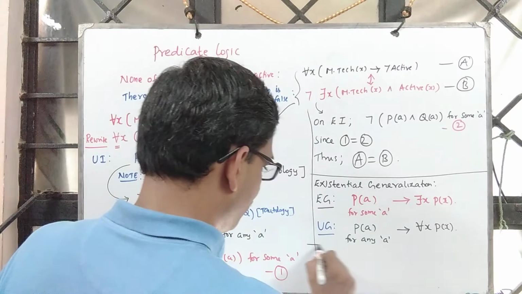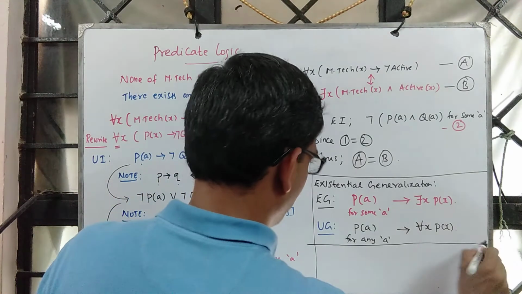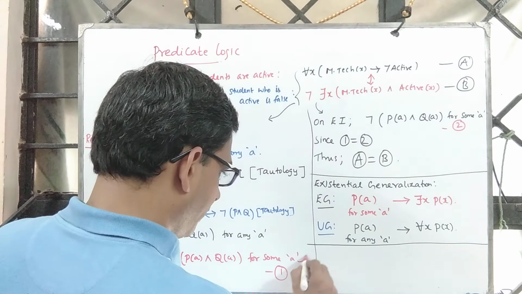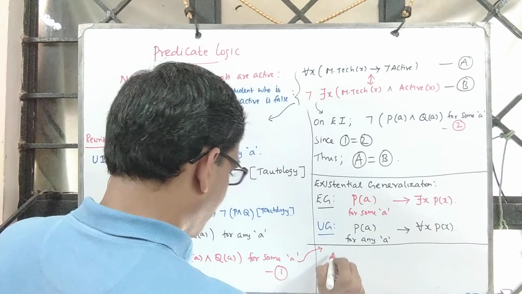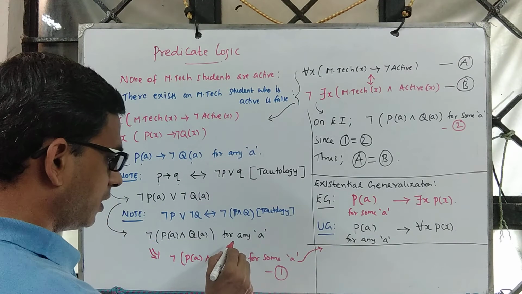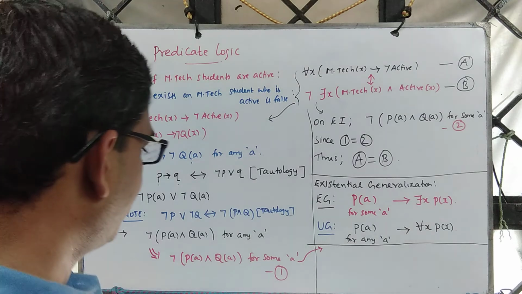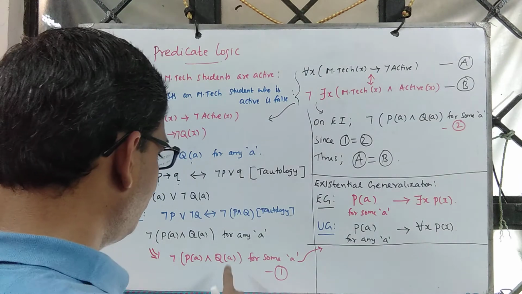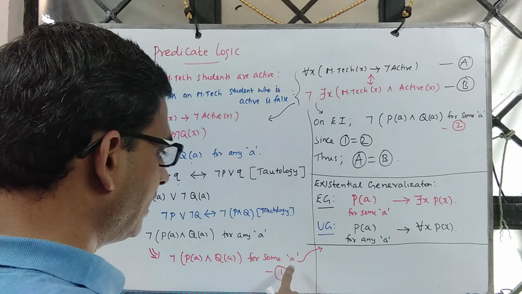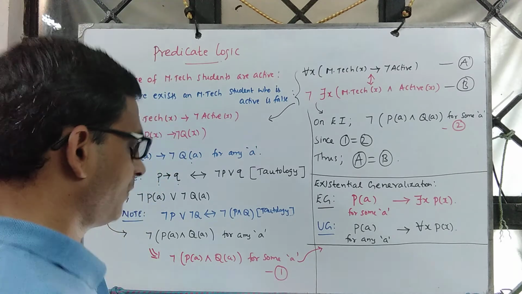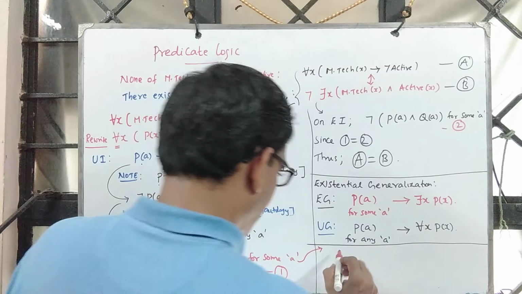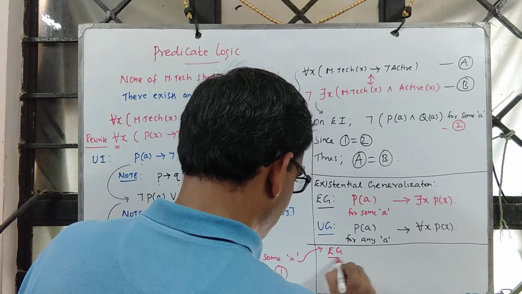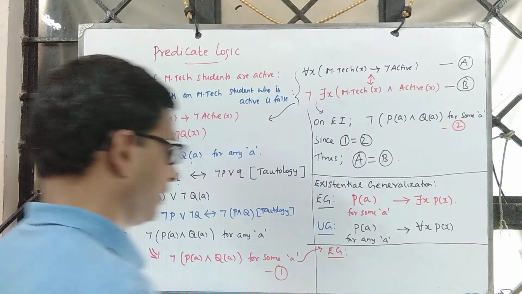Okay. Now I am going to use this rule. Look at this, and it is true for any A, and from that we concluded it is true for some A. Okay. Now we perform existential generalization.